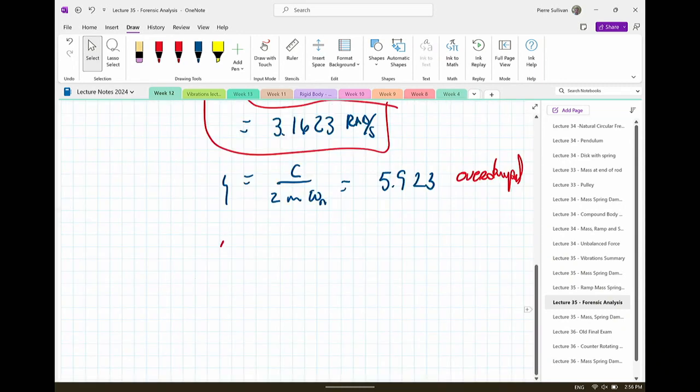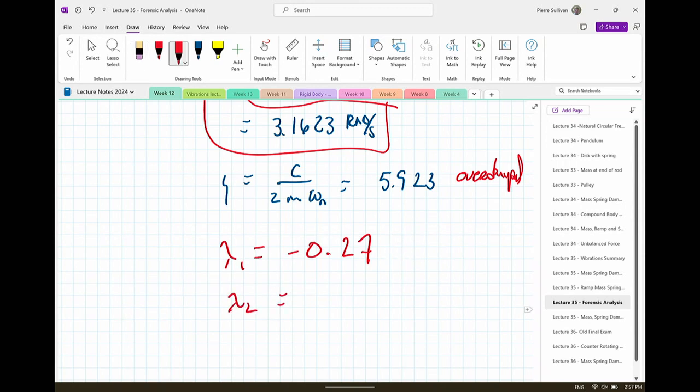So out of that, I will end up with lambda 1 equal to minus 0.27, and lambda 2 equal to minus 34.68.